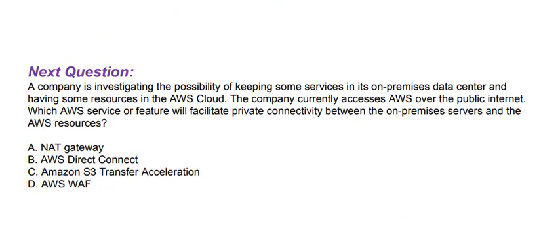Next question is: a company is investigating the possibility of keeping some services in its on-premises data center and having some resources in the AWS cloud. The company currently accesses AWS over the public internet. Which AWS service or feature will facilitate private connectivity between the on-premises servers and the AWS resources?